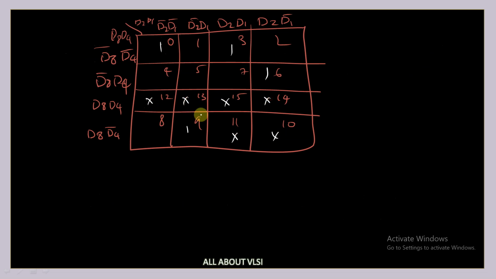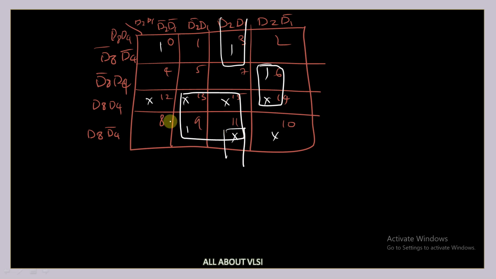Okay, so I will make a group of quad here, and I can group these two, and this will be grouped with this one, and finally this one is left out.